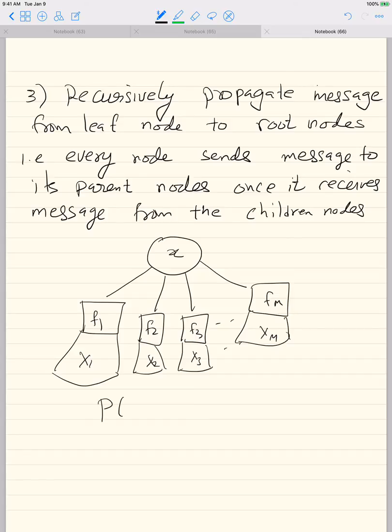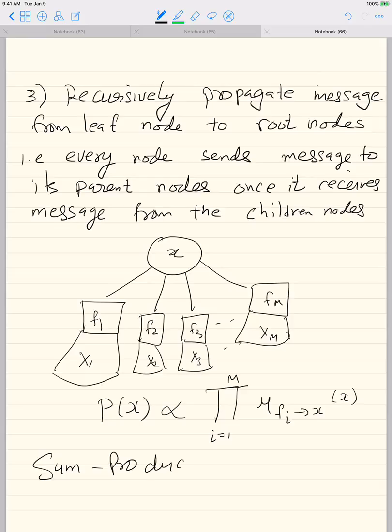And basically the probability at node x is going to be the product of the messages received from all the factor nodes that are connected to it. And this algorithm is called the sum-product algorithm, which allows exact inference on cycle-free factor graphs.